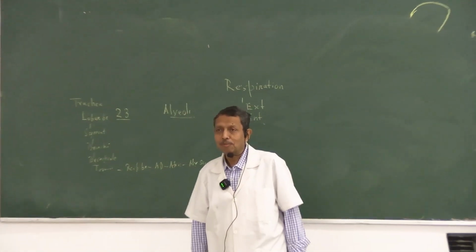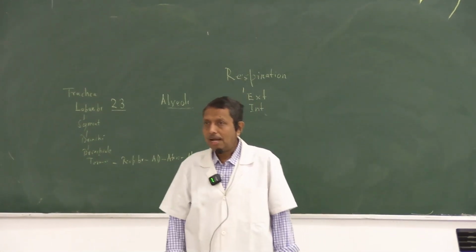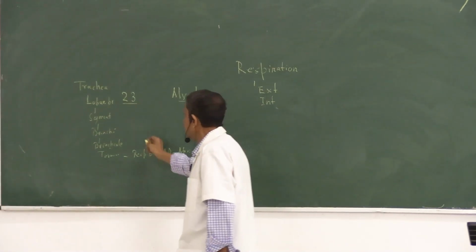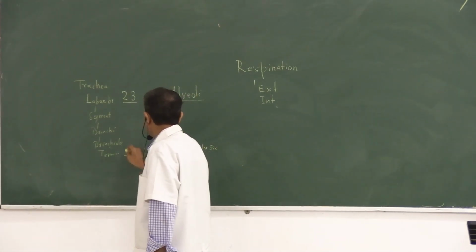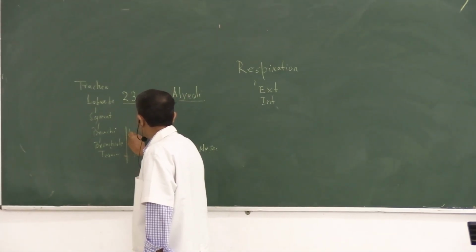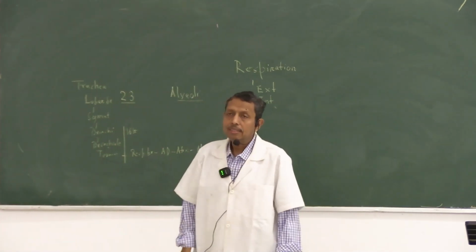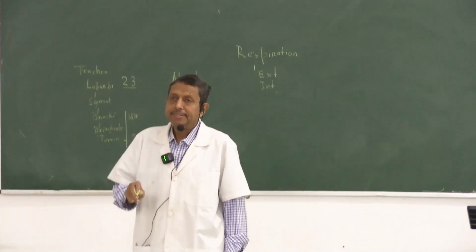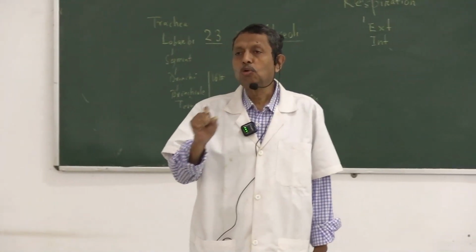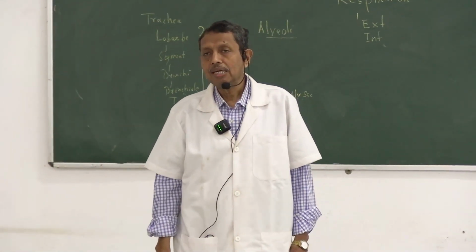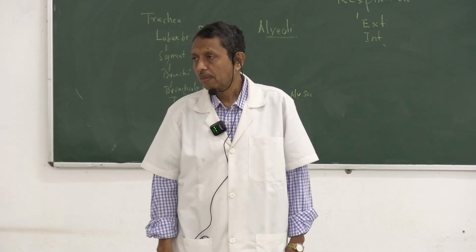23 generations of the airways, and up to 16 are the conducting zones, that is up to terminal bronchiole, 16th generation, and this is the conduit through which air is entering and leaving the body.